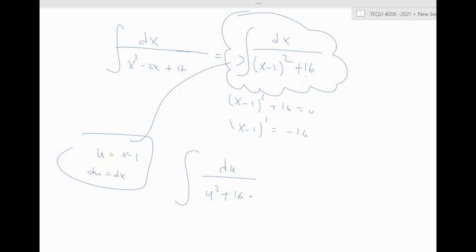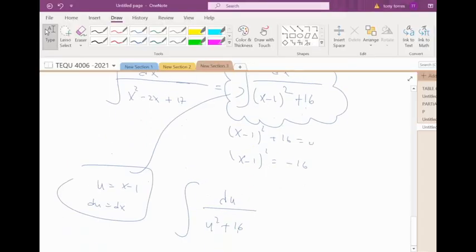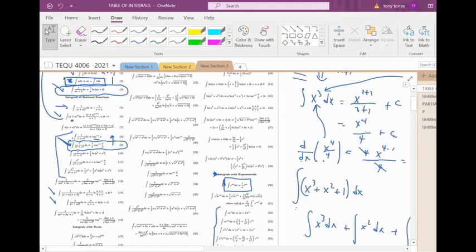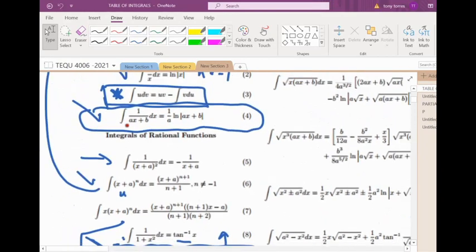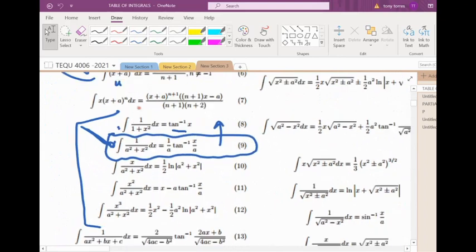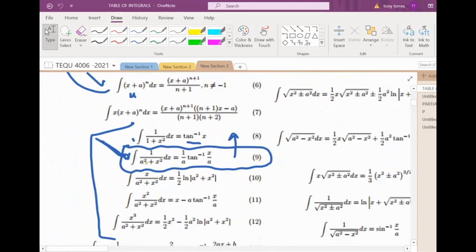Let's go for a second to the integral table and find out what looks like this. All right, let's do that right now. How about this one here? The integral of 1 over a squared plus x squared is 1 over a inverse tangent of x over a.